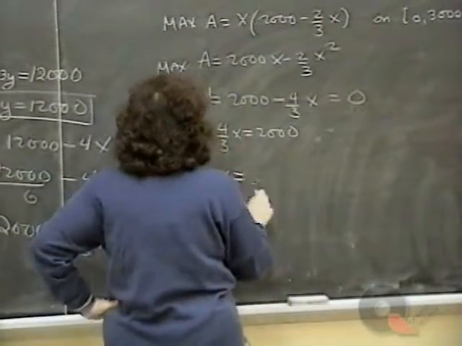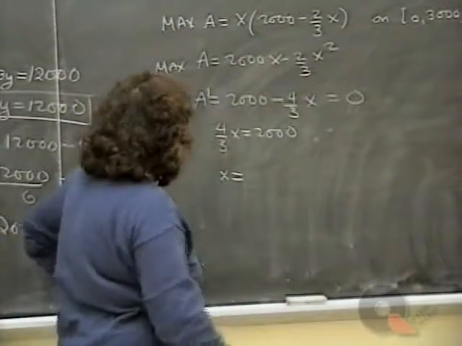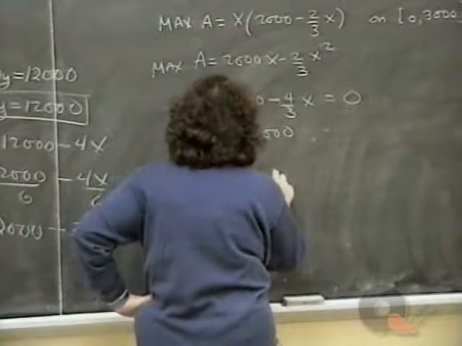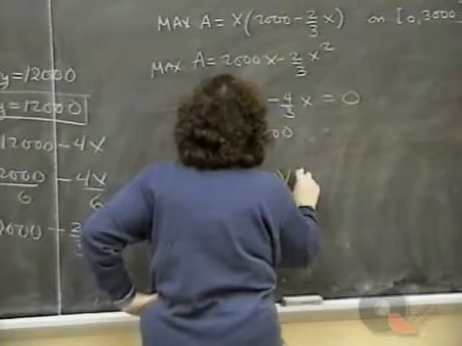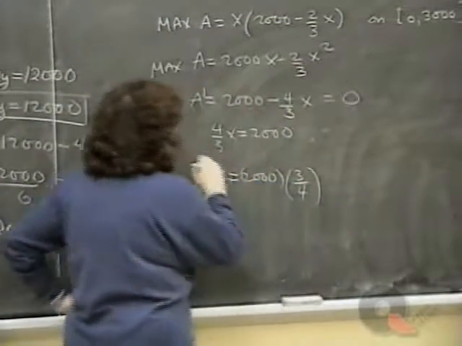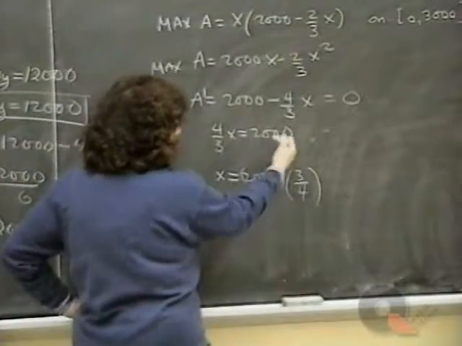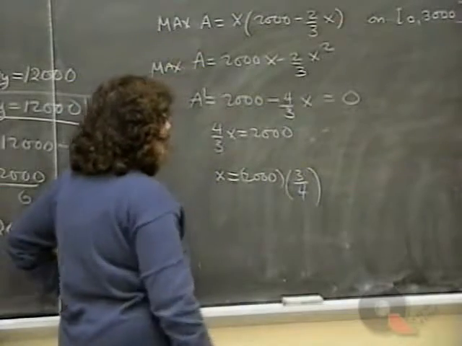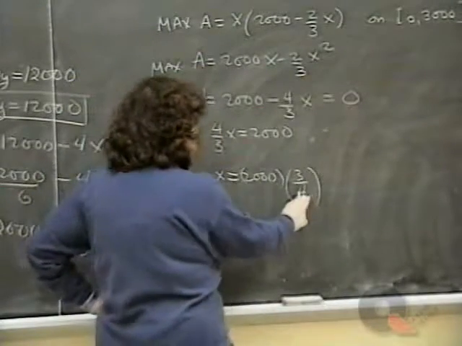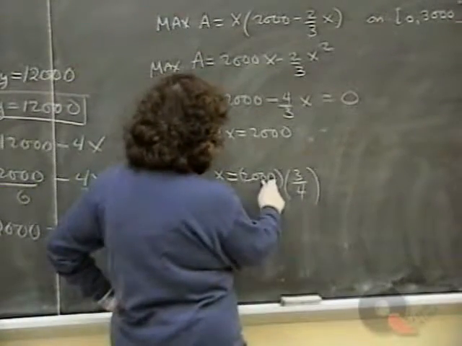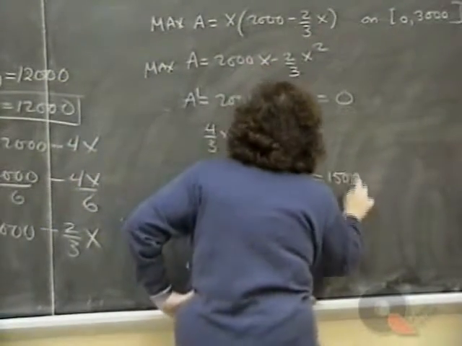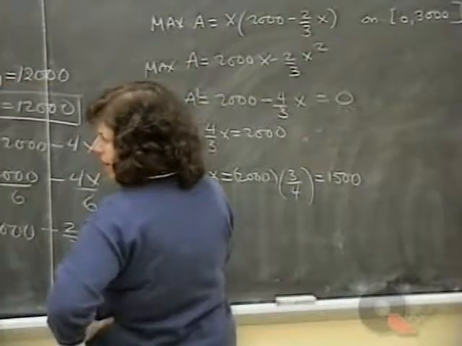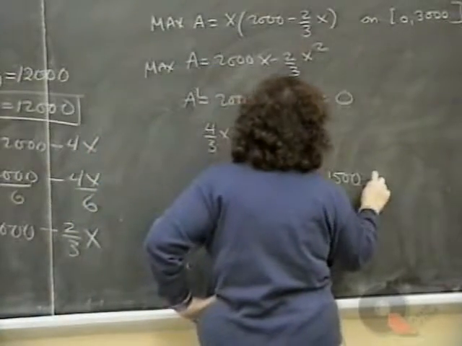X would be, dividing both sides by 4/3, instead of dividing by 4/3, I invert and multiply by 3/4. 4 goes into 2,000 500 times. 500 times 3 is 1,500. And we're talking about feet.